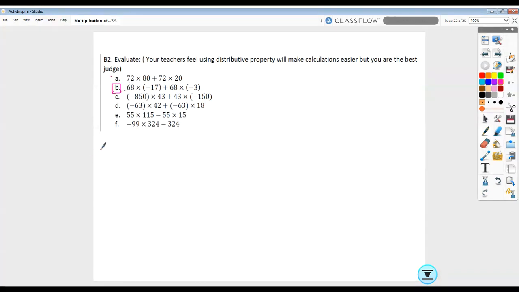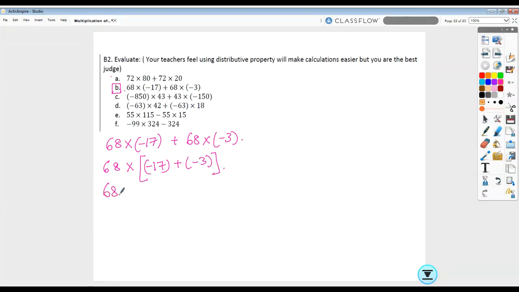For instance, we have 68 into negative 17 plus 68 into negative 3. Here, the multiplication of 68 is distributed over negative 17 and negative 3. In other words, this is the same as 68 getting multiplied by the sum of negative 17 and negative 3. I can solve this bracket first, and the answer I obtain is negative 20.